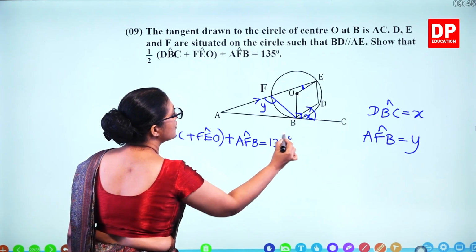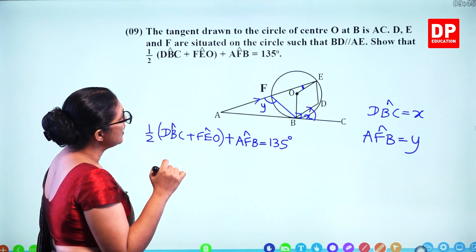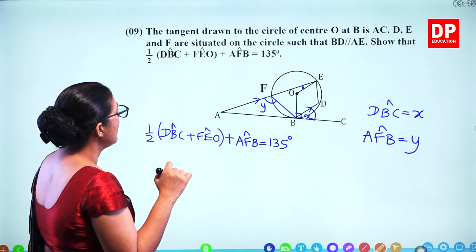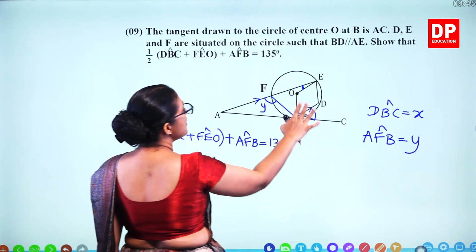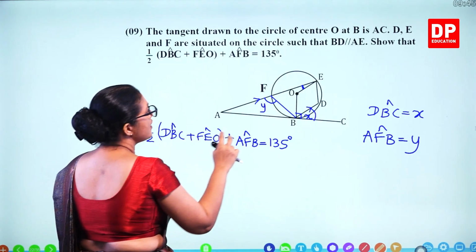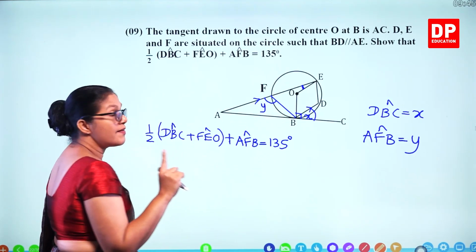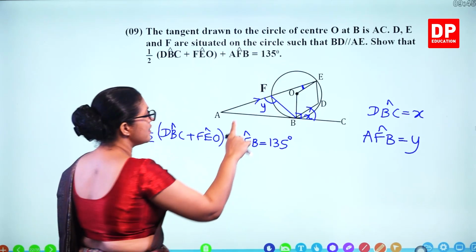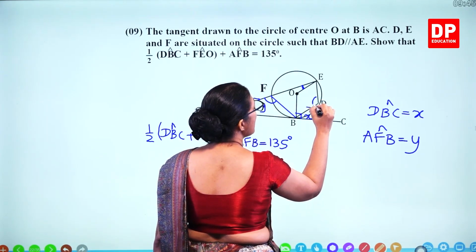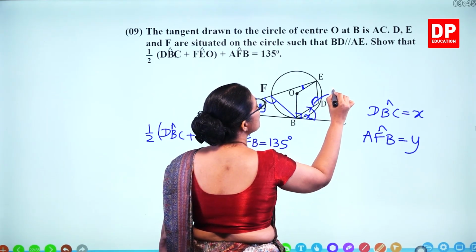That's the proof. So we'll see from this diagram what you can write now. Can you see this angle is the exterior angle of a cyclic quadrilateral. That's equal to this angle. That's Y. This is Y.